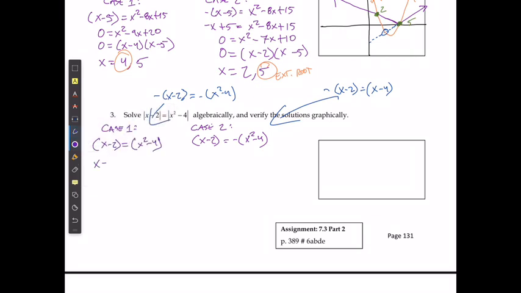So if I said that x minus 2 is equal to x squared minus 4, then 0 would equal x squared minus x, and when I add 2 to both sides, minus 2, which means that 0 is going to, when I factor it down, equal x minus 2 and x plus 1. Or x would theoretically equal 2 or negative 1.